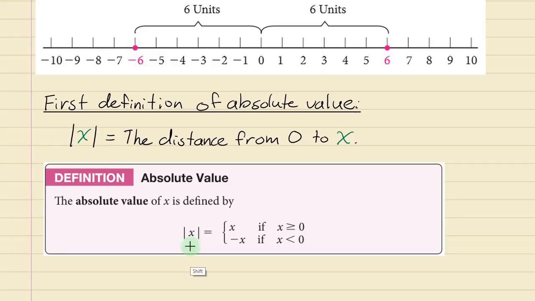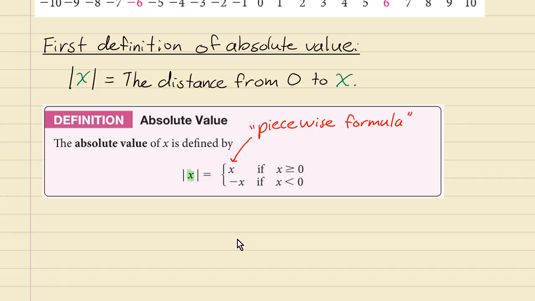So the input here is x, and the output is the stuff over here. The formula for this function is either the absolute value of x is just equal to x if x is greater than or equal to 0, or if x is less than or equal to 0, you use this other formula. So this is an example of a piecewise definition of a function because it's made out of two pieces, this piece and then this piece.